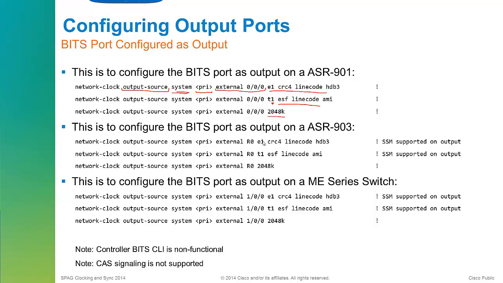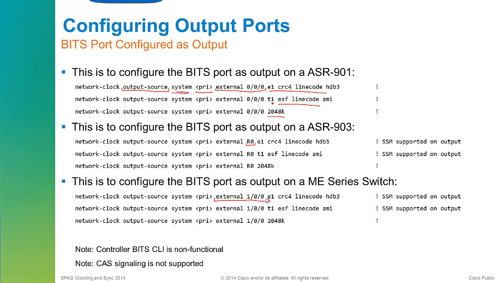On the 903, same again. Here we have R0 or R1 on the 903. The 902 only has one R0, so the R1 doesn't make sense there, but R0, R1. And the bits port on the ME series switch, similarly, this is external 100.